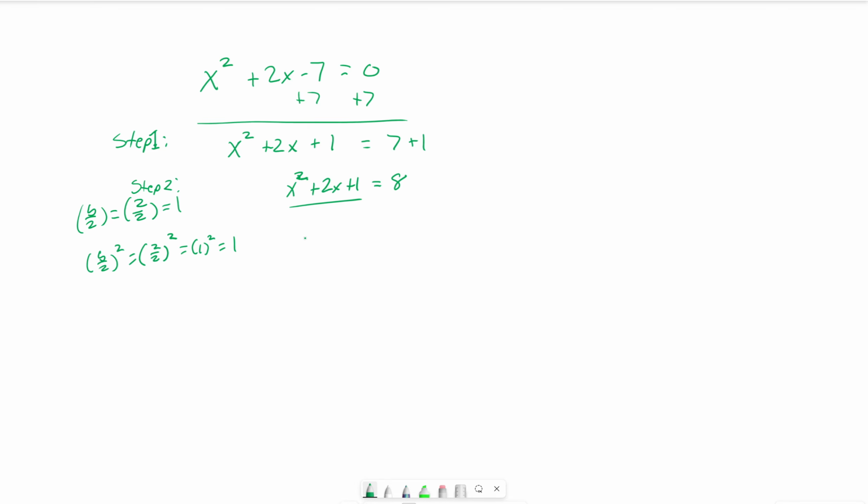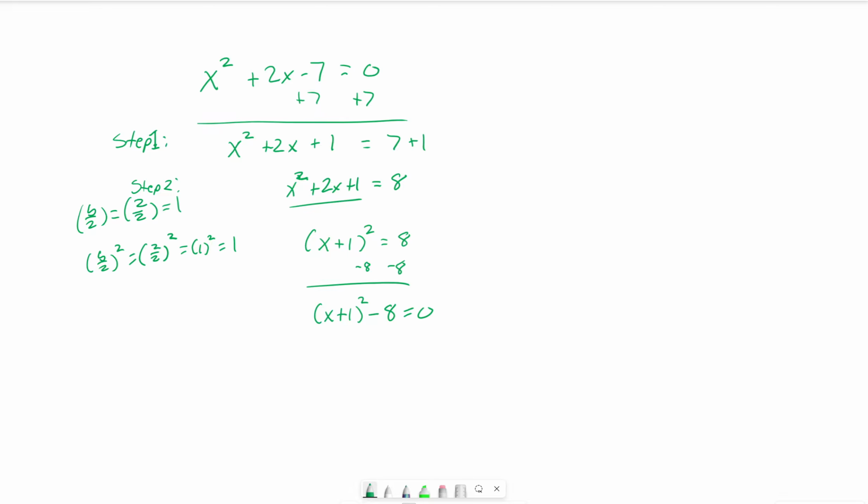So we're going to have x plus 1 quantity squared. That's our perfect square trinomial, equals 8. And now we subtract the 8 over. And we get x plus 1 squared minus 8 equals 0.